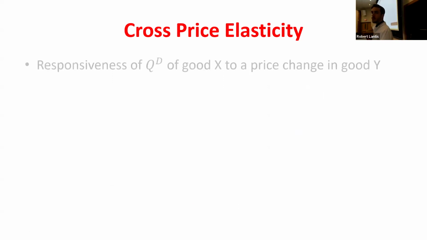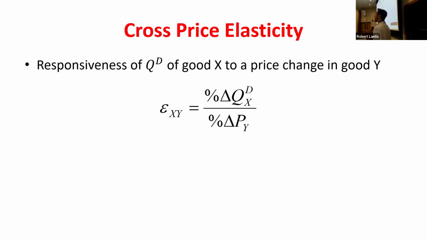So the next thing we're going to focus on is we're going to move away from the price elasticity of demand to thinking about different elasticity measures. Okay? So I'll walk through this. The price elasticity of demand for a product was a change in the price of that good and a change in the quantity of that good.